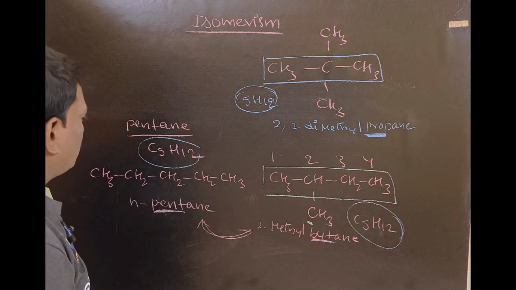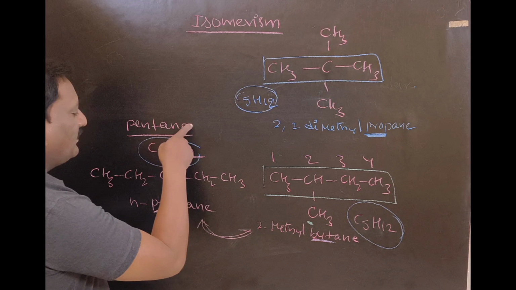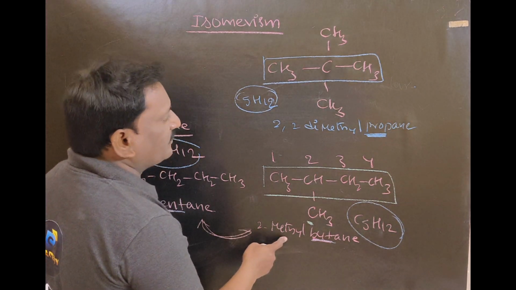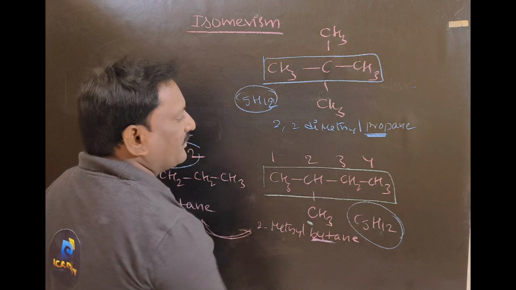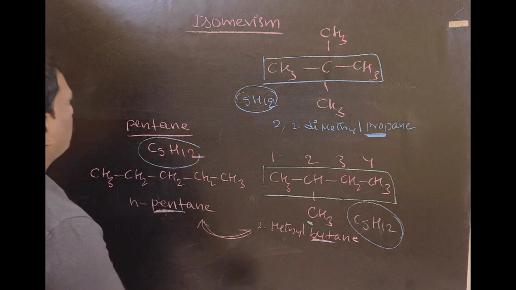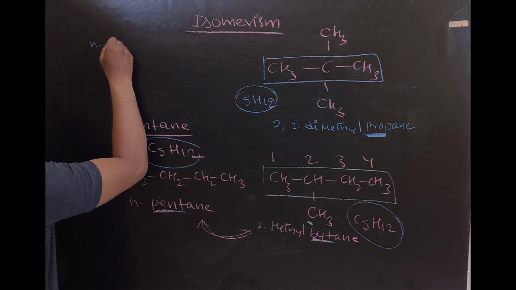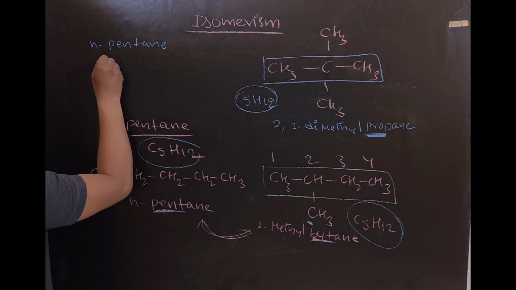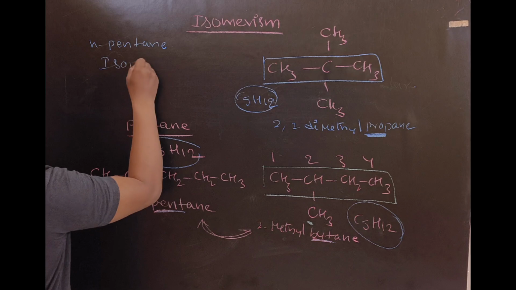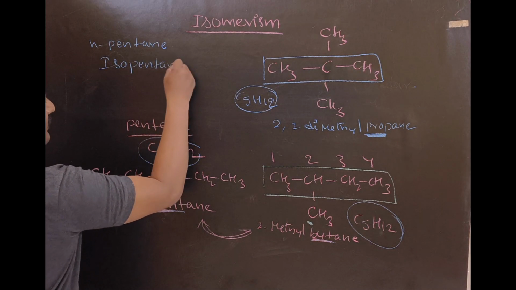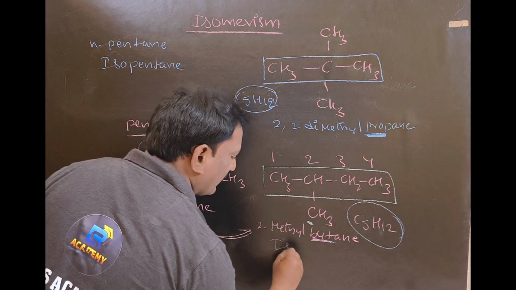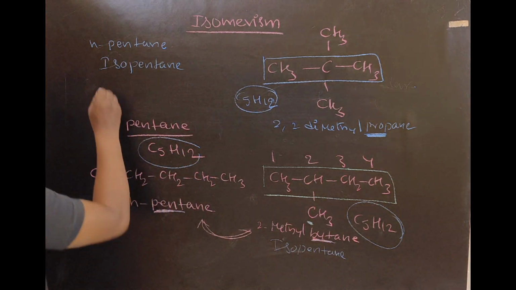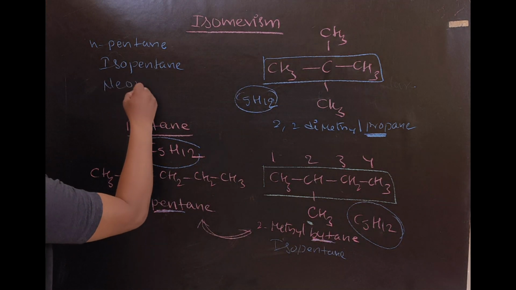How many chain isomers can be drawn for pentane? Three. N-pentane, 2-methylbutane, 2,2-dimethylpropane. N-pentane, then isopentane, and the third one will be neopentane.